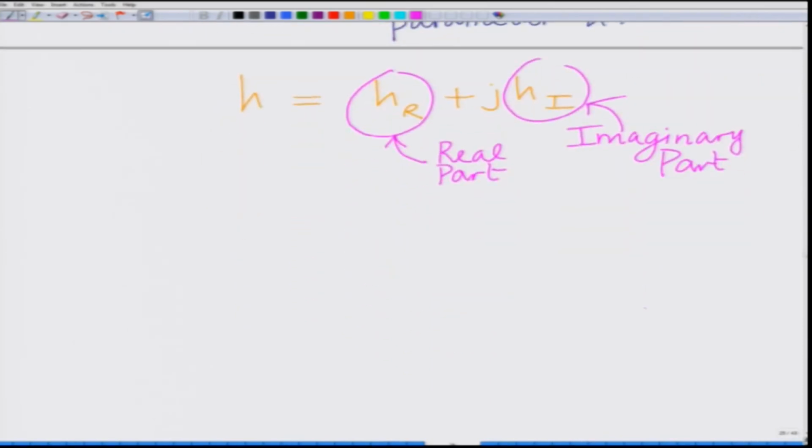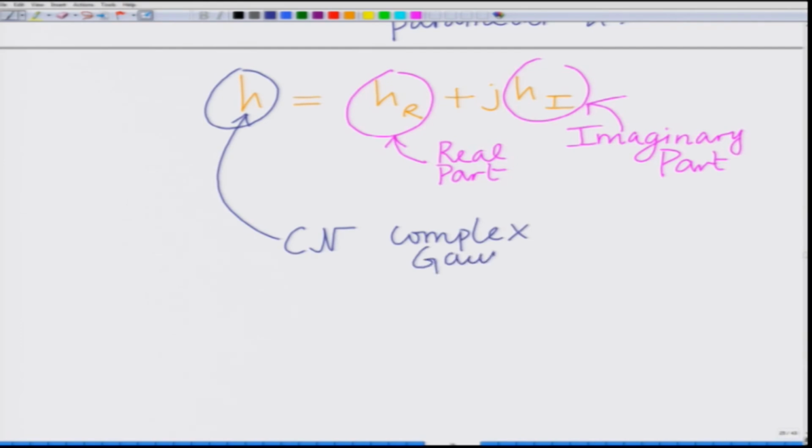And now, we are going to assume h is complex Gaussian, that is what we are saying. In addition, we are also going to assume that h is a zero mean symmetric complex Gaussian quantity. I am going to explain it.